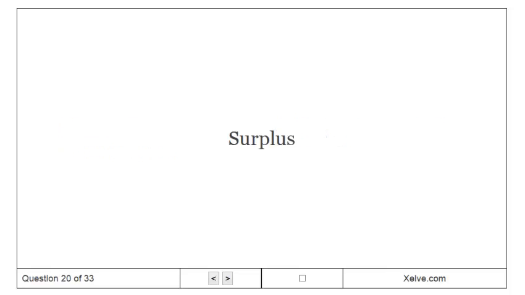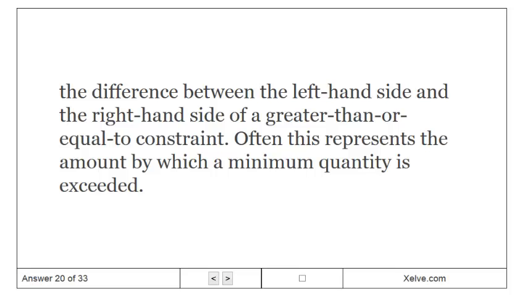Surplus. The difference between the left-hand side and the right-hand side of a greater than or equal to constraint. Often this represents the amount by which a minimum quantity is exceeded.